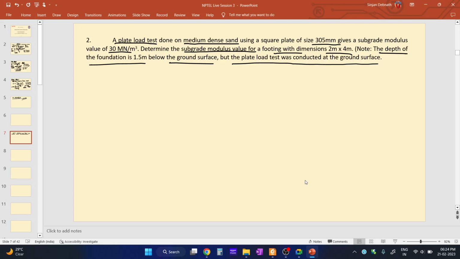First of all, what is the size of the square plate? B1 is 305 millimeter, and the subgrade modulus K1 is 30 meganewton per meter cube. Here we have been asked to find the subgrade modulus for a footing with dimensions 2 meter by 4 meter.